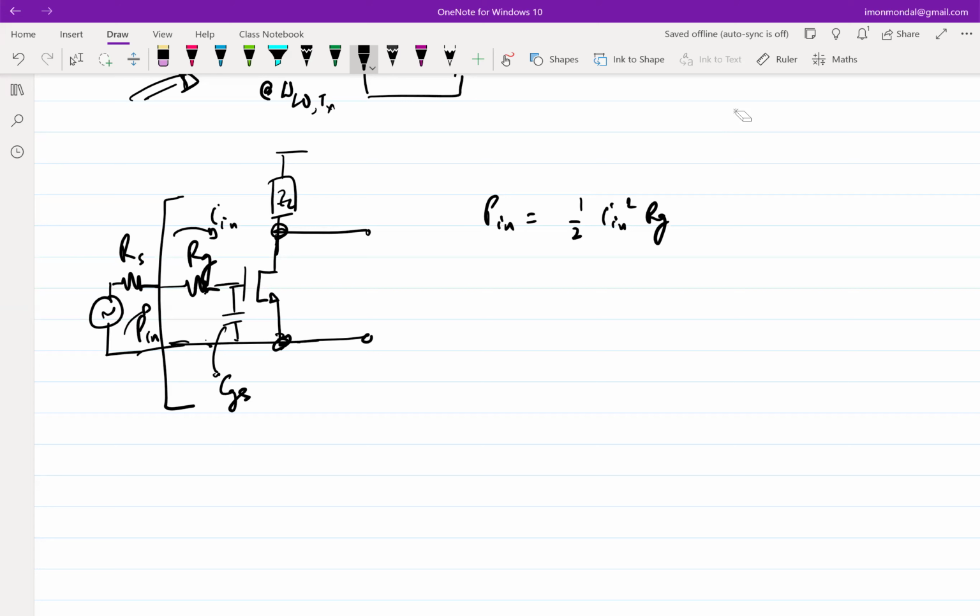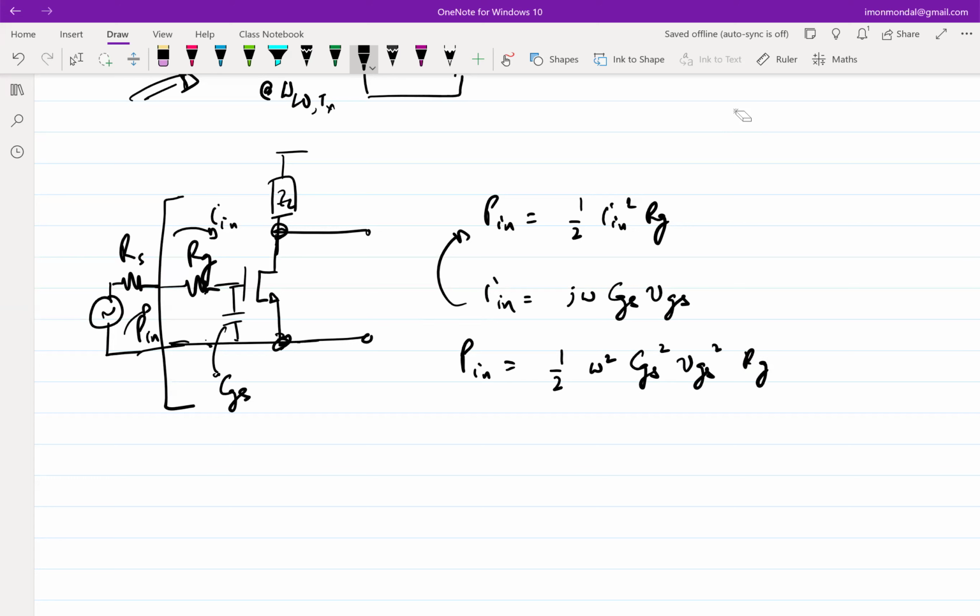And I am interested in the final output current, which means I'm interested in VGS. I know that I in is j omega CGS times VGS. So plugging this in, P in becomes half of omega squared CGS squared VGS squared RG.